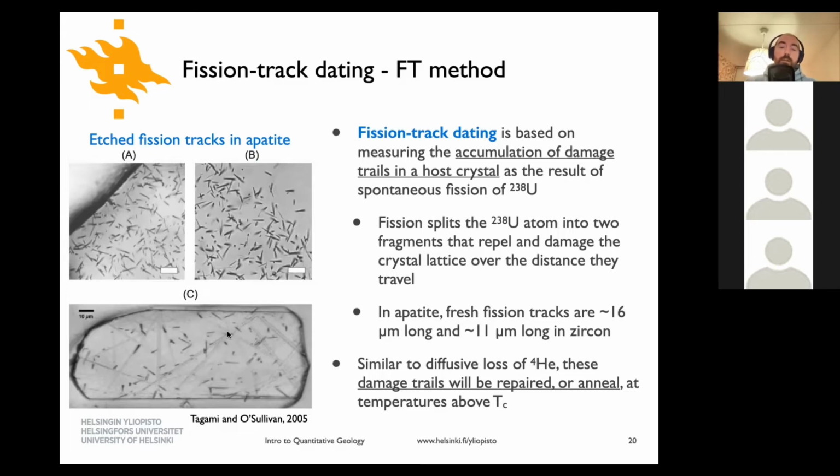It will anneal the damage and repair this damage trail such that you don't see it. So at high temperatures, that annealing process occurs. At low temperatures, the annealing process does not occur, and so the damage trail is left there, which means, again, we have this temperature sensitivity that can be used for dating as a thermochronometer.